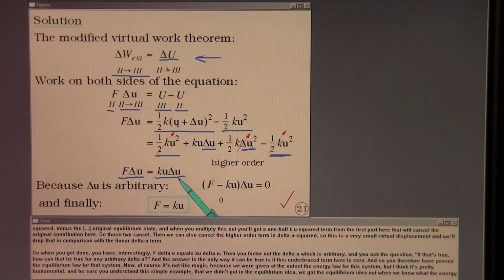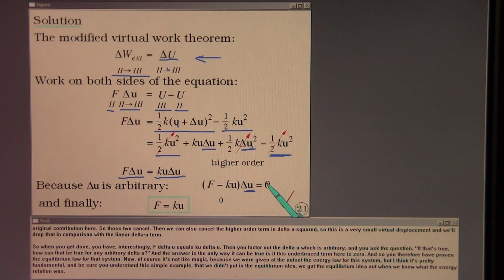Then you factor out the delta U, which is arbitrary, and you ask the question, if that's true, how can that be true for any arbitrary delta U? And the answer is the only way it can be true is if this underbraced term here is 0. And so you therefore have proven the equilibrium law for that system.